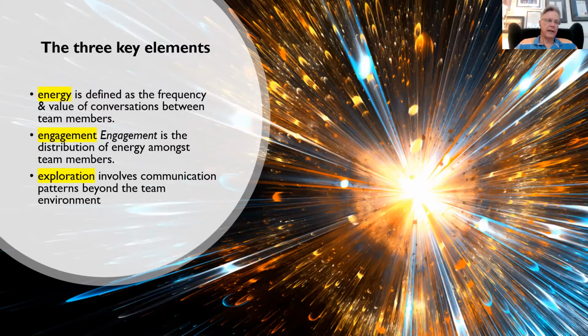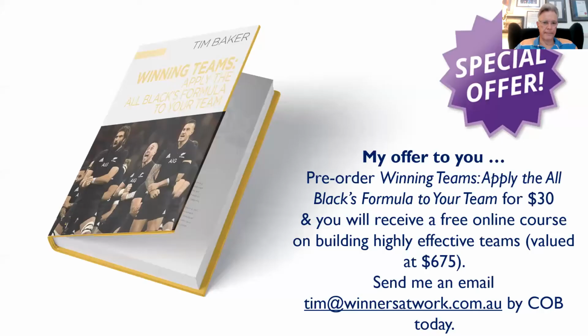But if you're really looking at developing a high performing team, it's the relationship dimension that's going to make the difference, not so much the task. Now, they're related, because if relationships are working reasonably well, there's a reasonable chance that the tasks will also be more effective, or the performance will lift as a result of that.